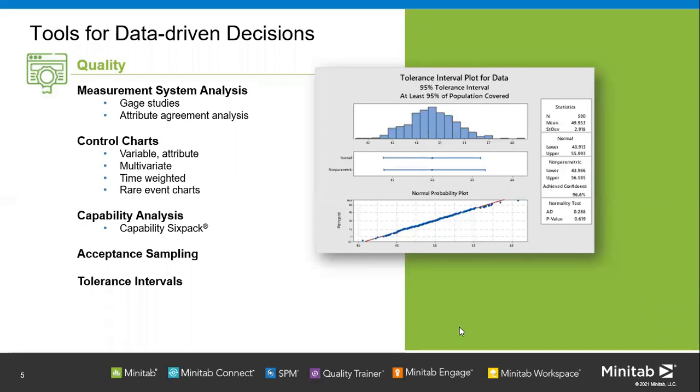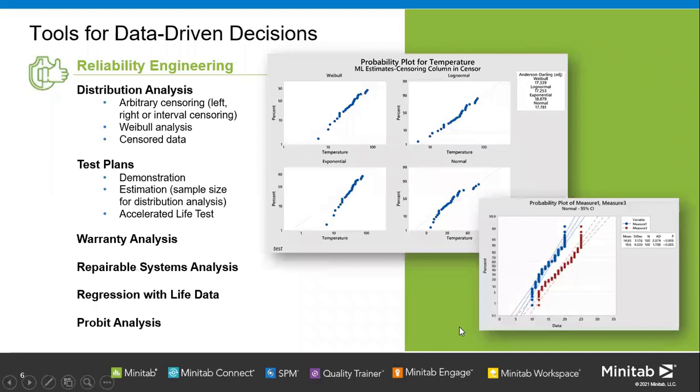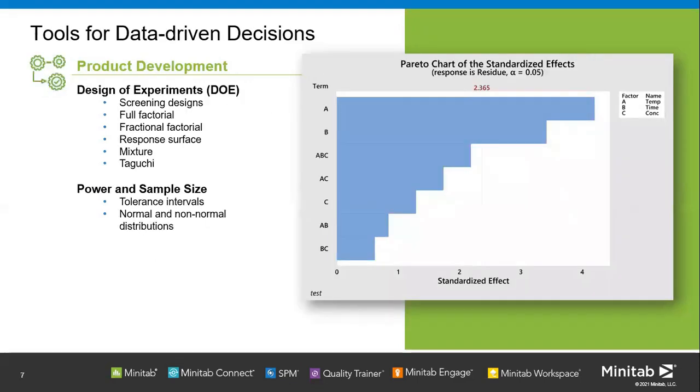So we also have other tools inside reliability engineering. If you are coming from warranty and want to do warranty analysis, you have MTBF, so you can use Minitab for reliability engineering. If you are coming from R&D, I think DOE is the most used tool there.